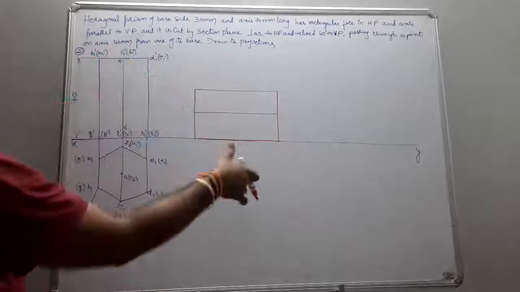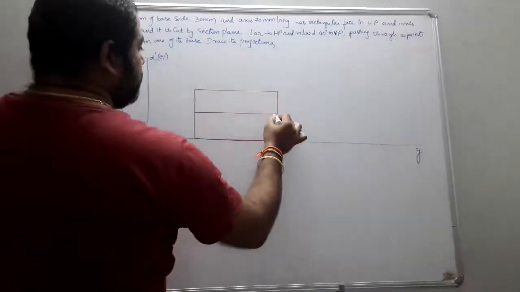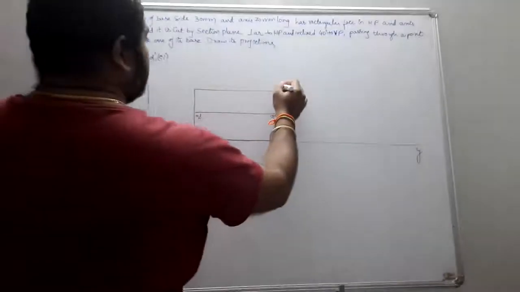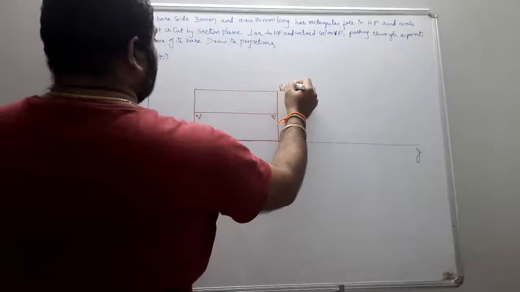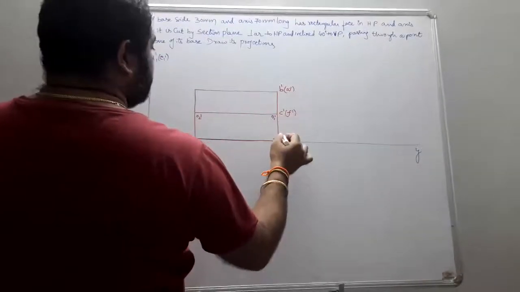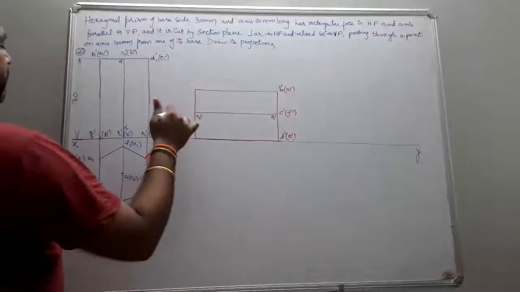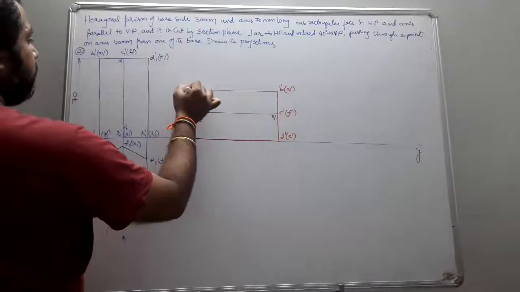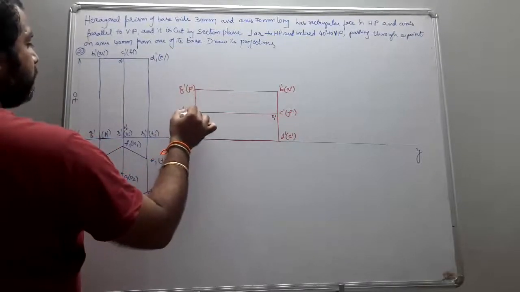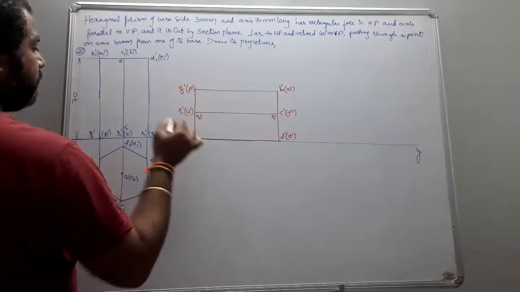And when it is going to be tilted for 90 degrees, what happens? Let us see. So this is O1 dash, this is O2 dash. So this becomes B dash, E dash, C dash, F dash, D dash, E dash. And this becomes Q dash, P dash, R dash, U dash, S dash, T dash.